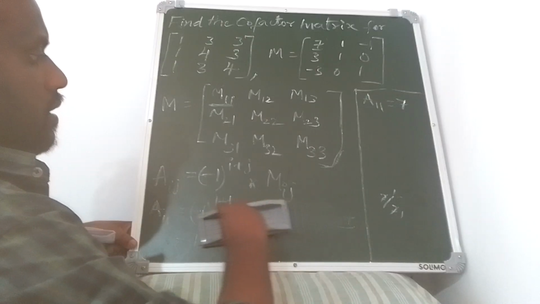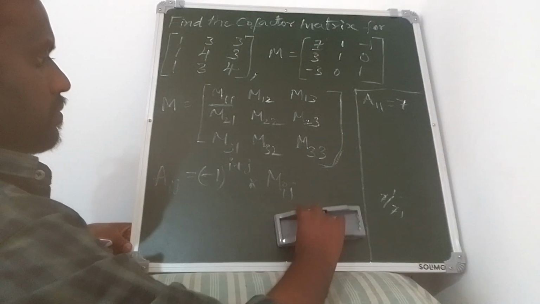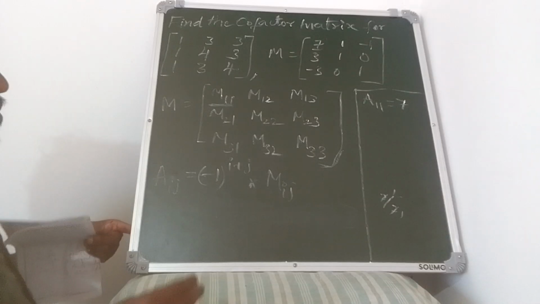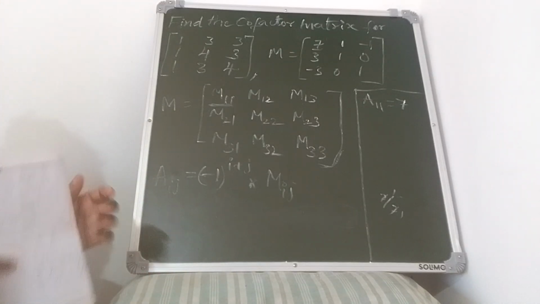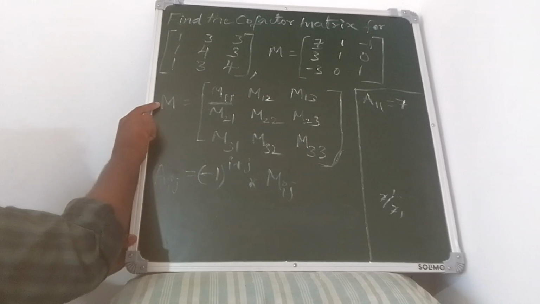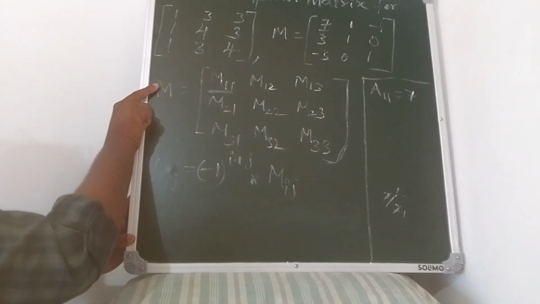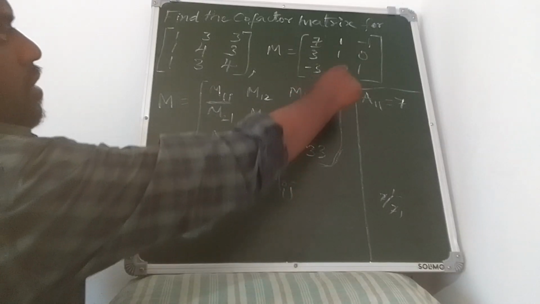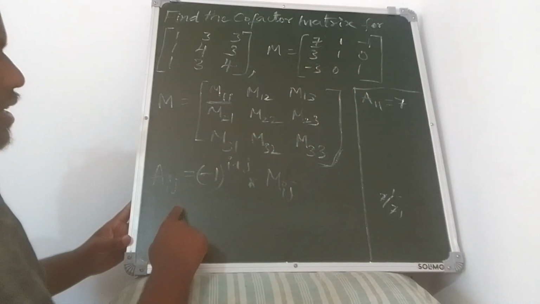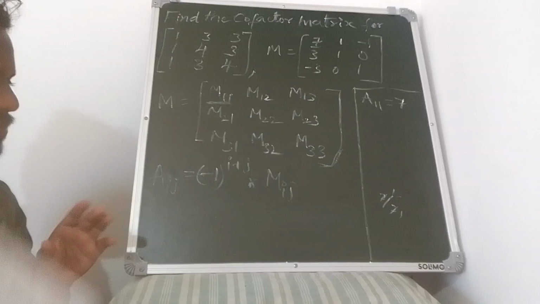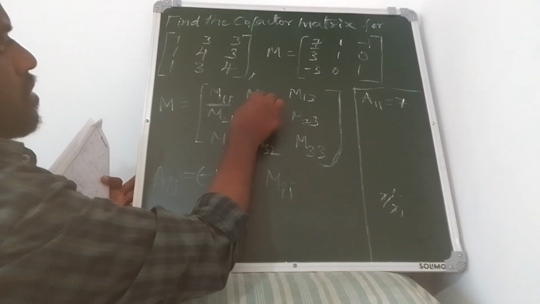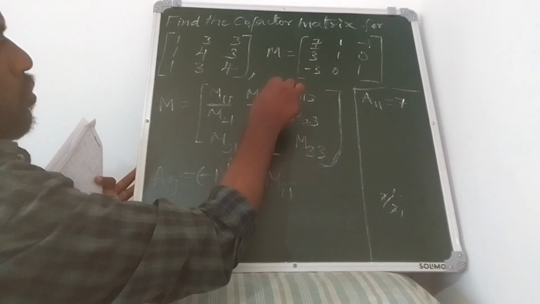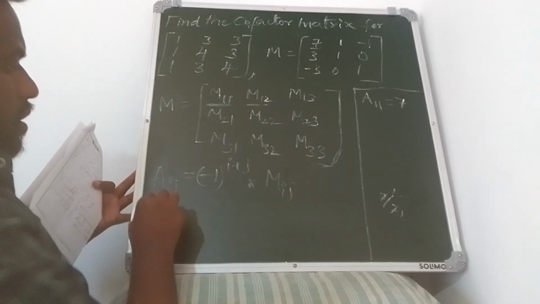Next, I will show here only, because the general form and this matrix are here only, so it's better I solve here. Next, this is done. Next, I will take this 12. That means i is equal to 1, j is equal to 2. I will substitute here.